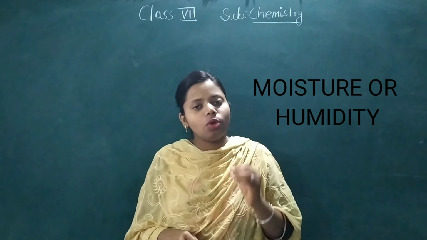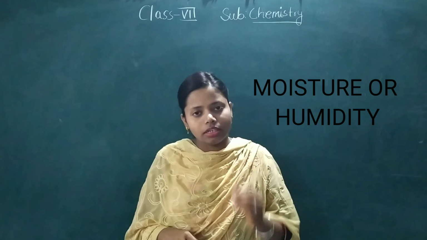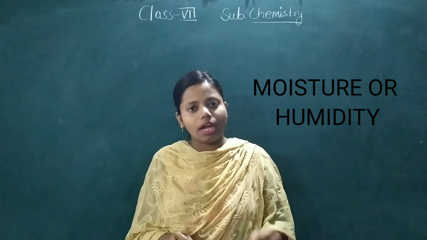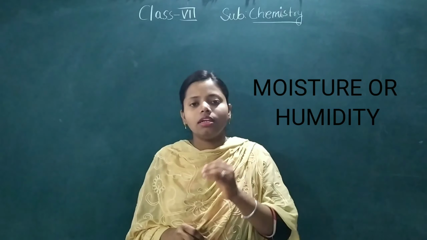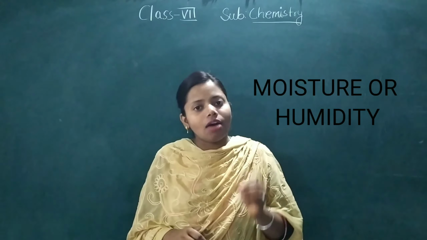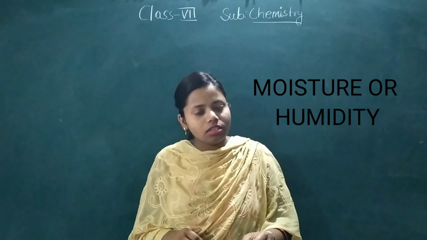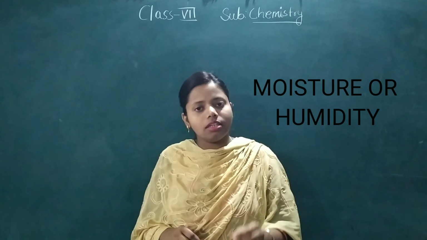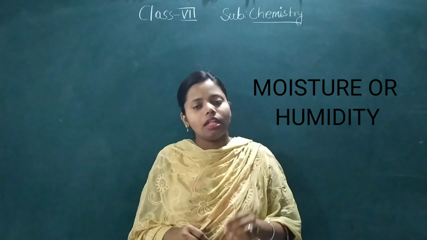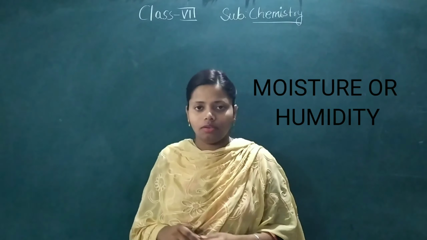You have observed that our clothes take longer to dry in humid weather than in dry weather. Our clothes dry faster on a bright sunny day than in humid weather.